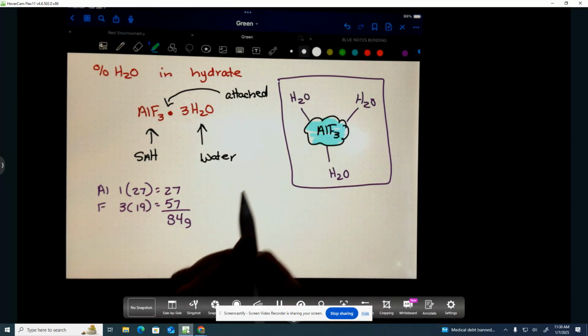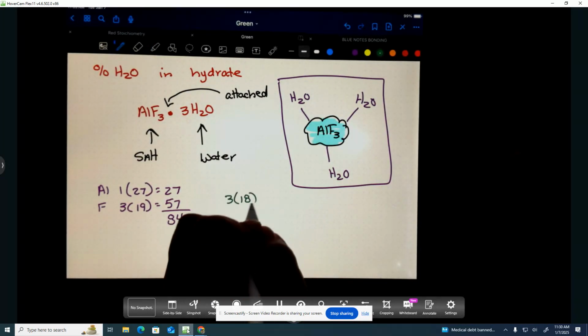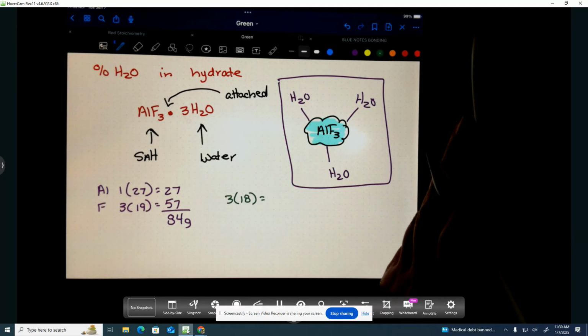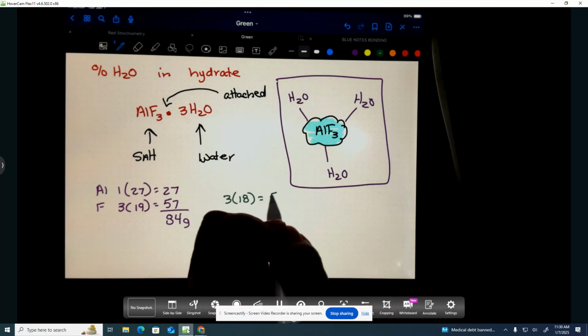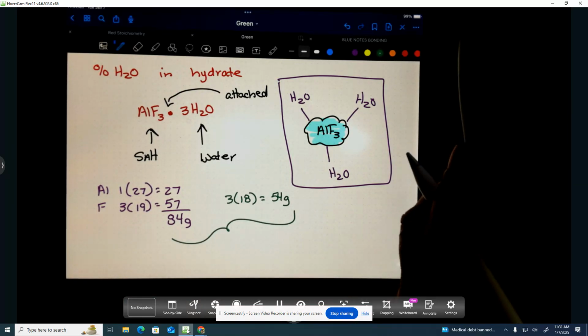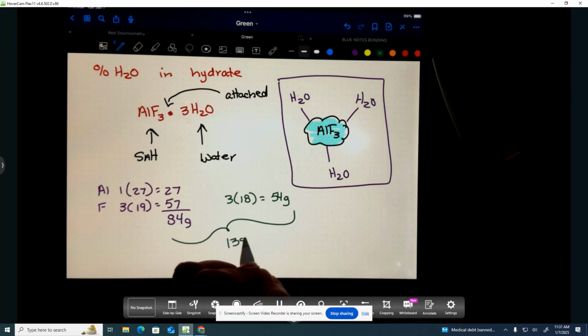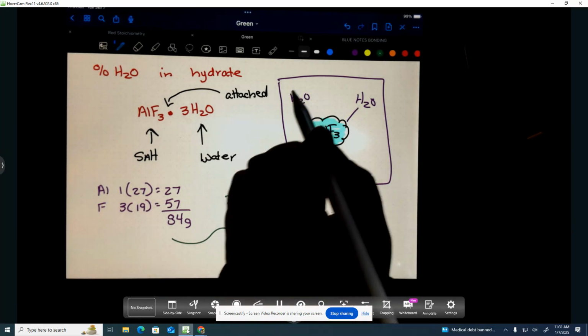And then I've got 3 waters, and each water weighs 18. So 3 times 18 is 54 grams. What does the whole thing weigh? 138 grams for the whole thing.